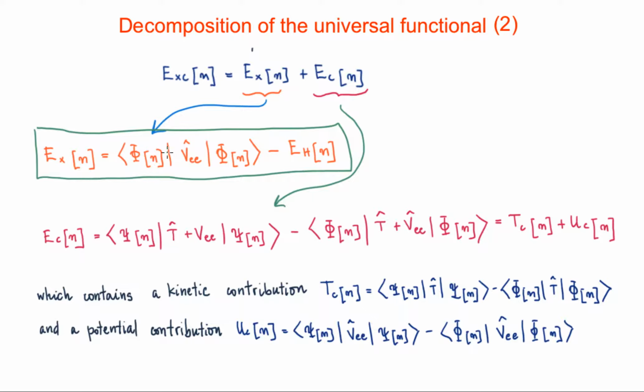In the Hartree-Fock approximation, to describe that complex interacting system, we consider that the wave function could be described as the wave function for the non-interacting system. So we're using the Slater determinant.